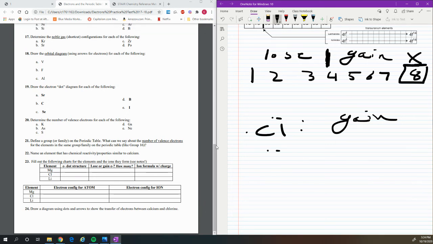Remember, to be complete, it needs 8. It's missing 1, so it's going to want to gain 1. And the charge would be, if you're gaining an electron that's negative, now you've become slightly more negative, so you're going to be Cl -1, because you've gained that extra negativity.